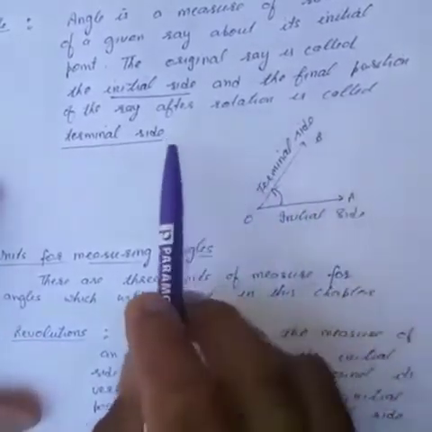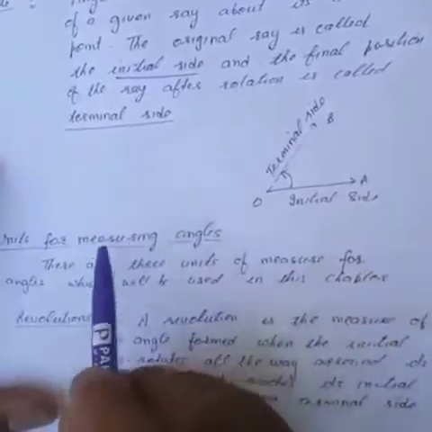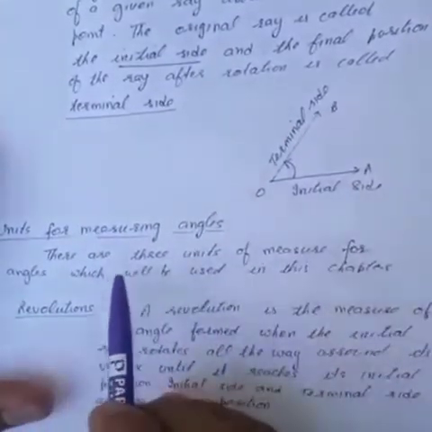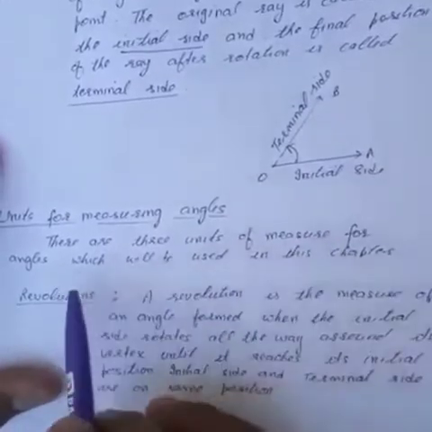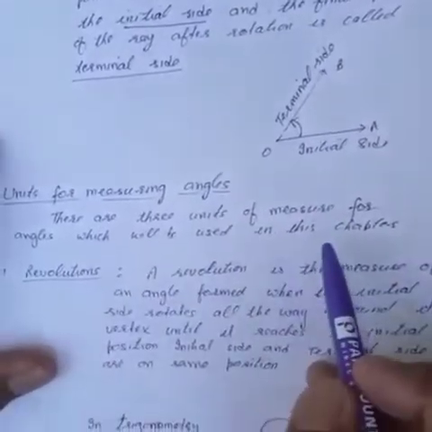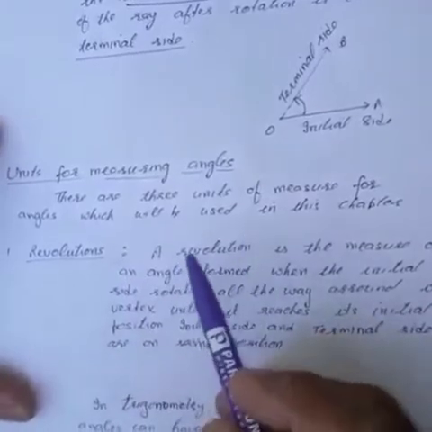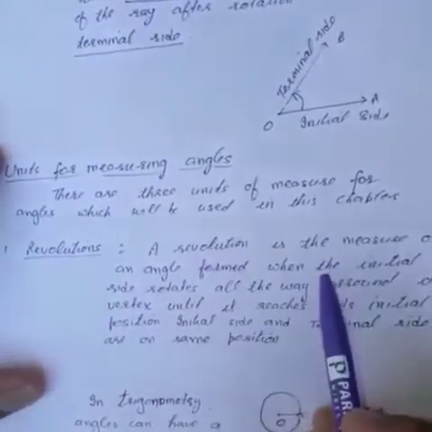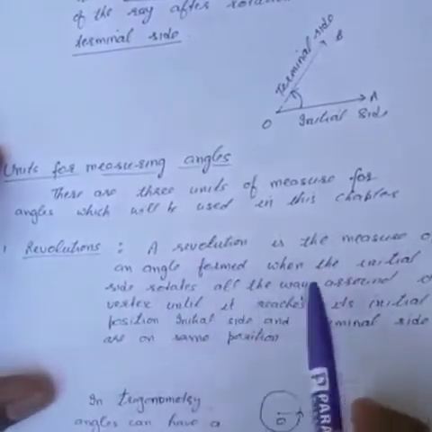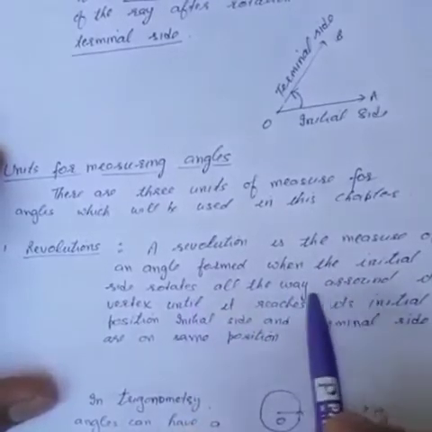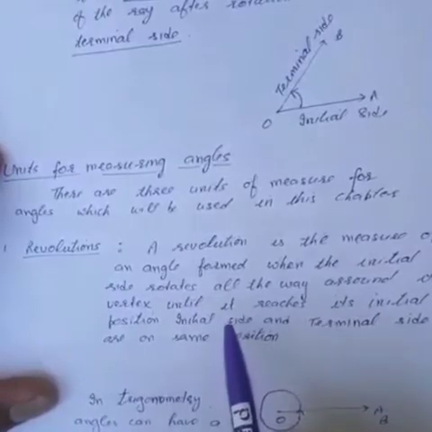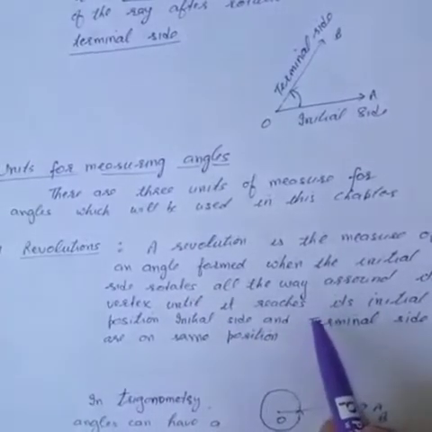Now what are the different units of measurement of angles? There are mainly three units to measure angle which will be used in this chapter. The first is revolutions. A revolution is the measure of an angle formed when the initial side rotates all the way around its vertex until it reaches its initial position.